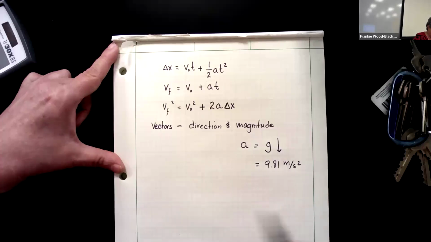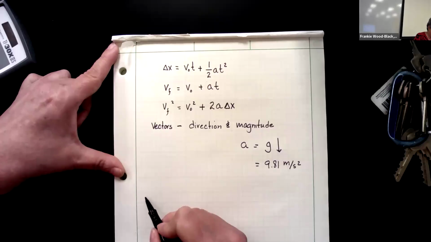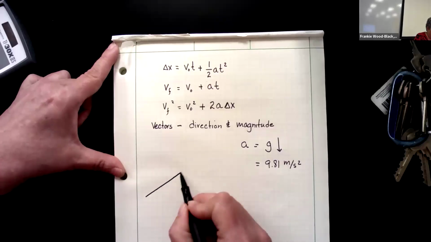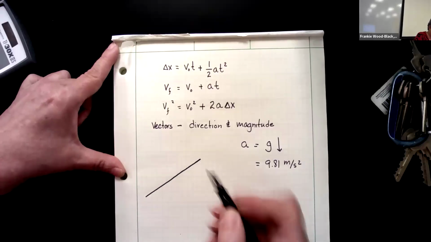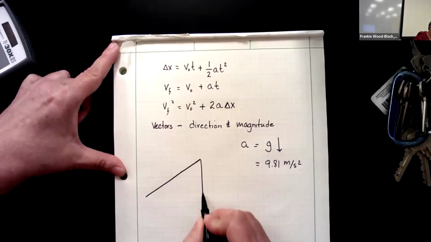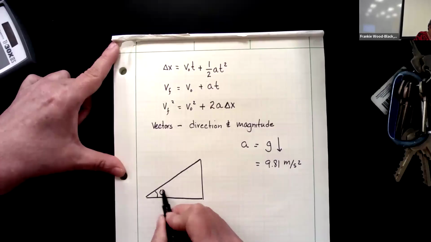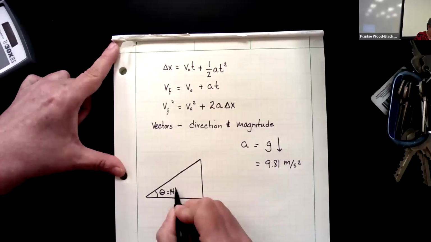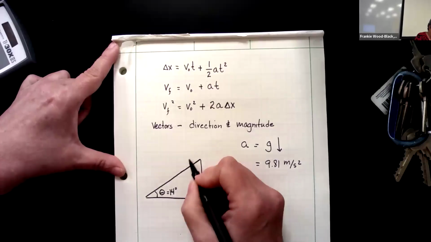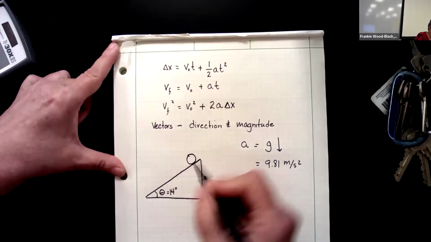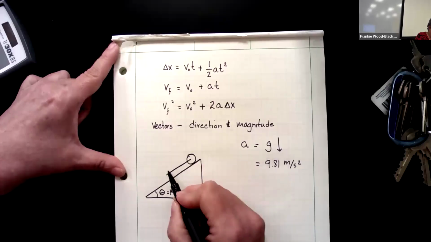But if I am doing a 1-dimensional problem, let's take an inclined plane here. There's my angle on my inclined plane, and my angle is going to be 14 degrees. And I'm going to have an object slide down my inclined plane.